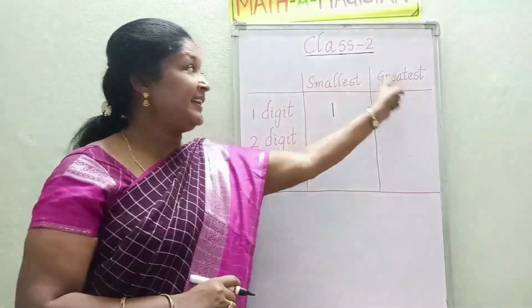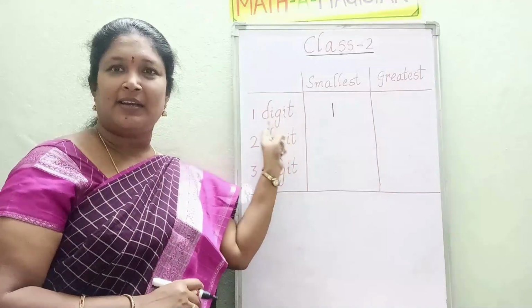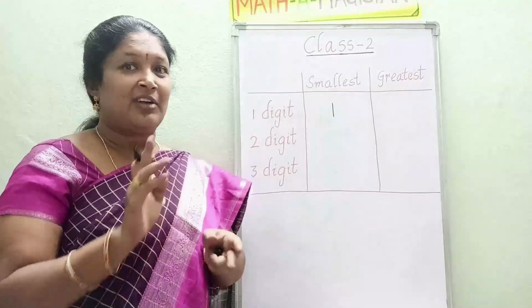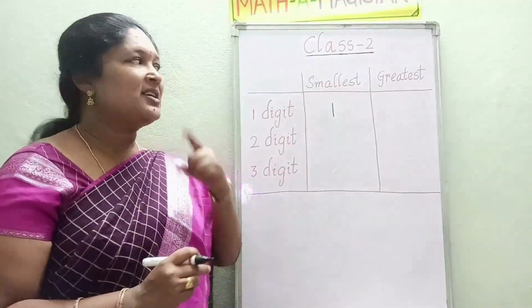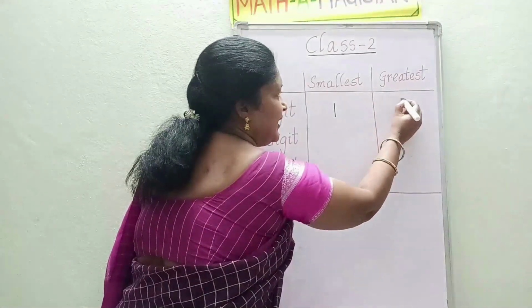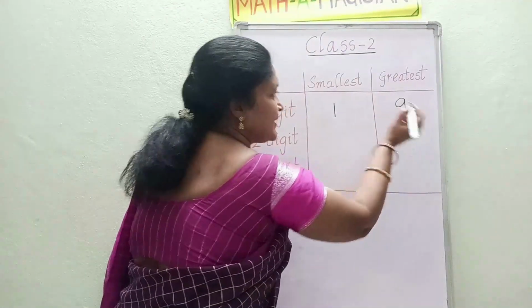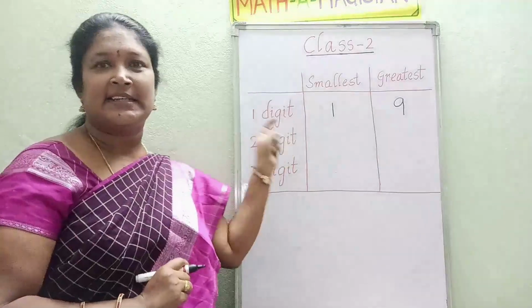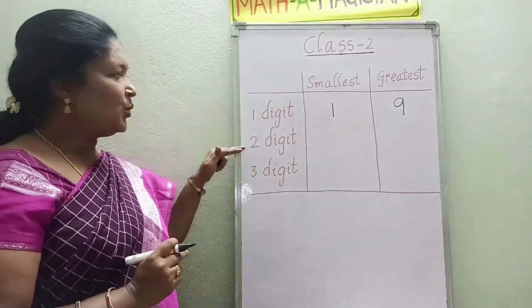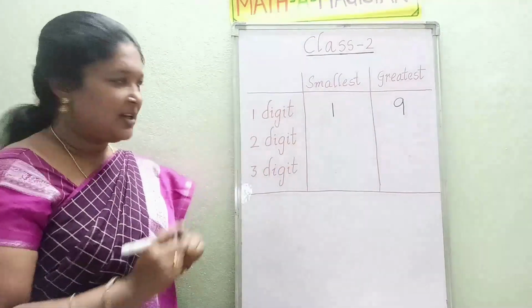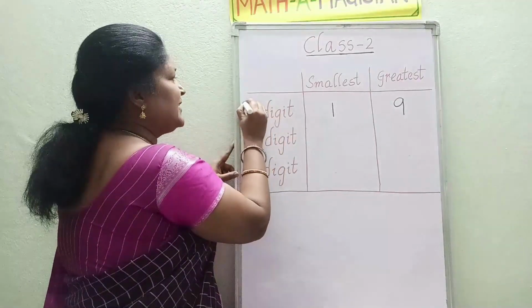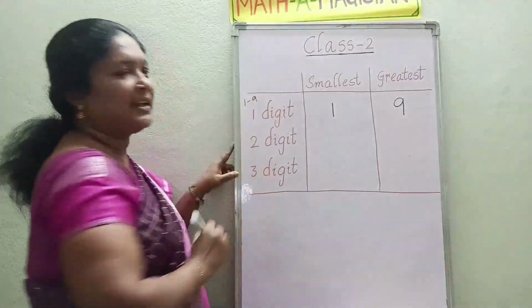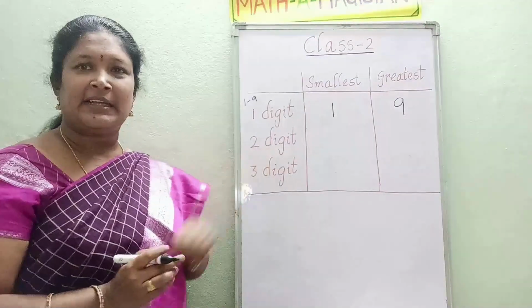And what is the greatest one digit number? Between 1 to 9. All are one digit numbers I told you. So 9 is the greatest one digit number. And now 2 digit numbers. So 1 digit numbers means 1 to 9 are there. And what are the 2 digit numbers?